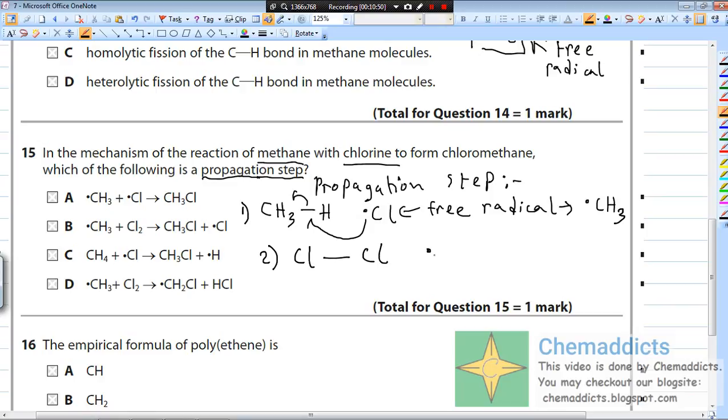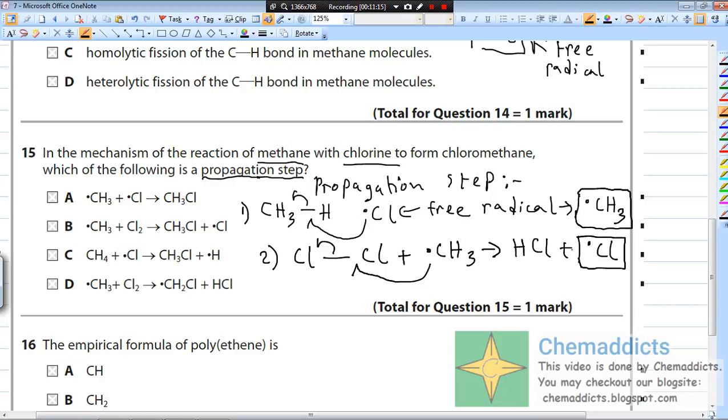The chlorine molecule breaks homolytically, forming HCl and another chlorine free radical. Since free radicals are generated in each reaction, this is called the propagation step.